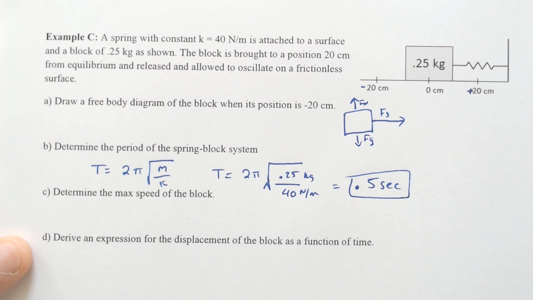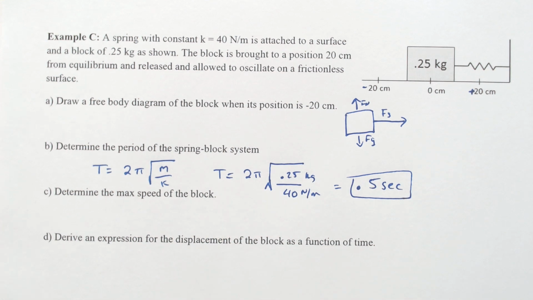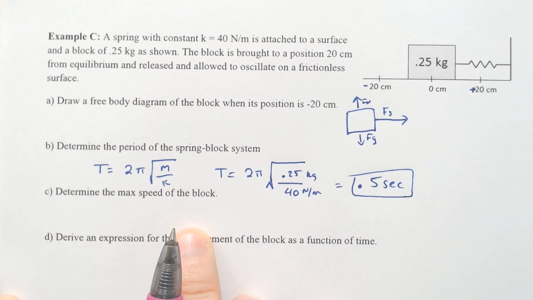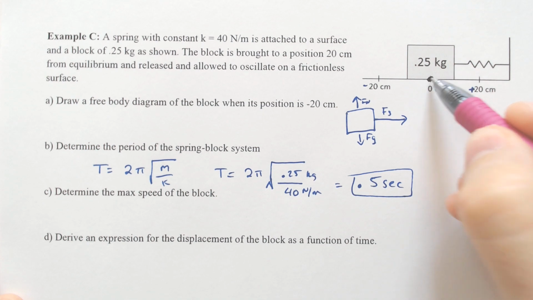All right. Determine the max speed of the block. Now that will require a little bit more thinking. The maximum speed of the block is going to involve the idea that the potential energy and the kinetic energy are going back and forth. It's going to be at its maximum speed at equilibrium.